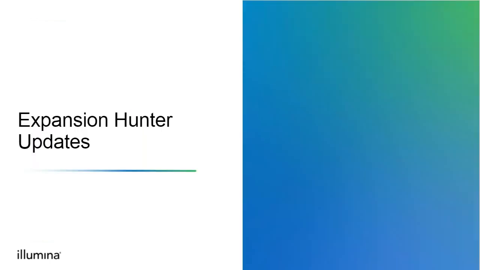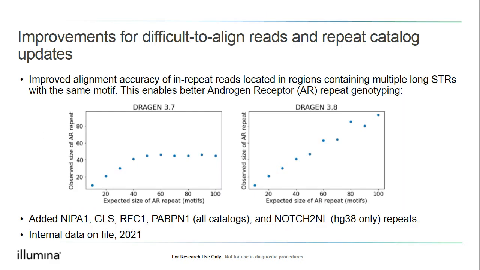A quick update on Expansion Hunter, the repeat expansion tool that we have in DRAGEN. There are 2 updates that we're bringing in. One is that we were not doing a very good job in 3.7 for the androgen receptor repeat genotyping.